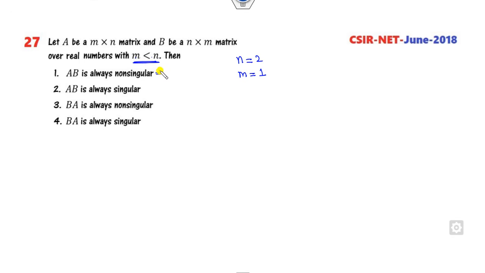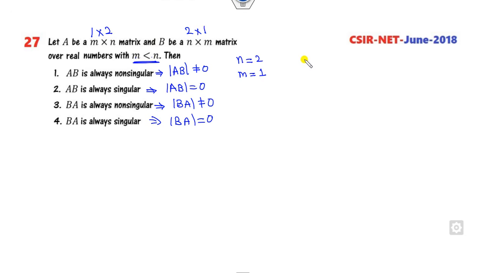AB is non-singular, so your target is to prove that BA is non-zero... AB is singular, so your target is to prove BA is non-singular and BA is singular. So what is that? This is 1 cross 2. This is 2 cross 1. So think about any example. Simplest way, 1 cross 2. Fine. What is that? 2 cross 1, 1 comma 0.